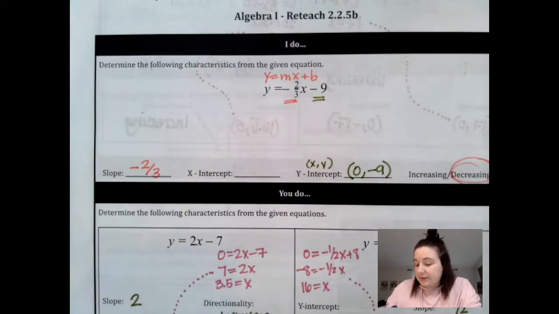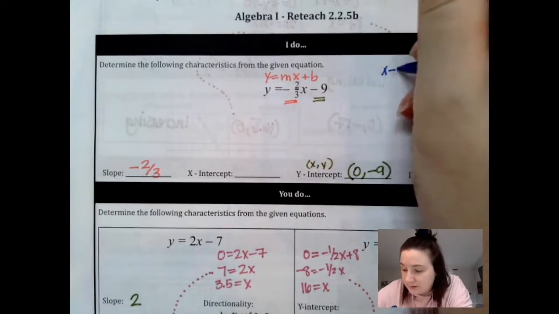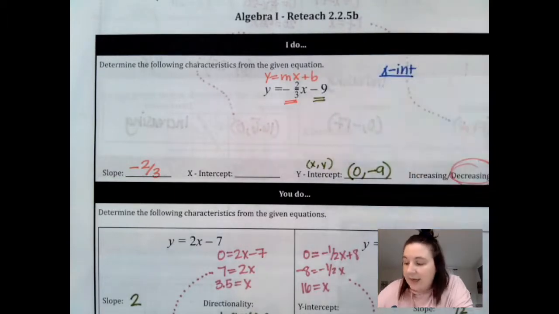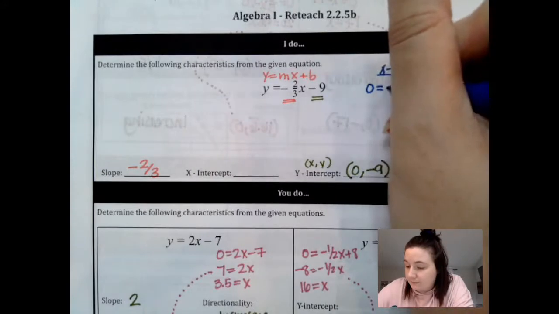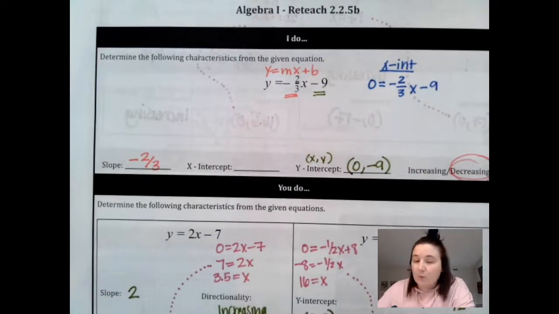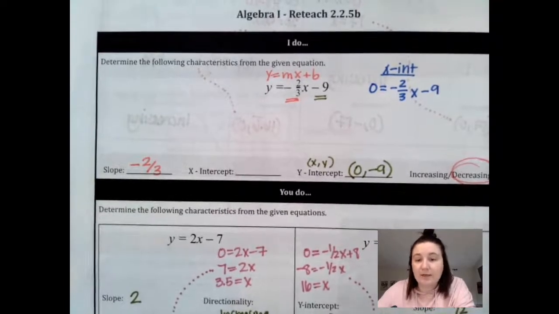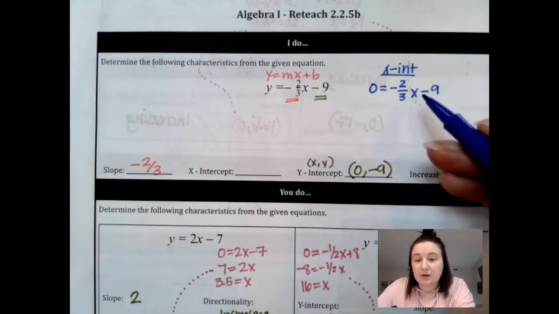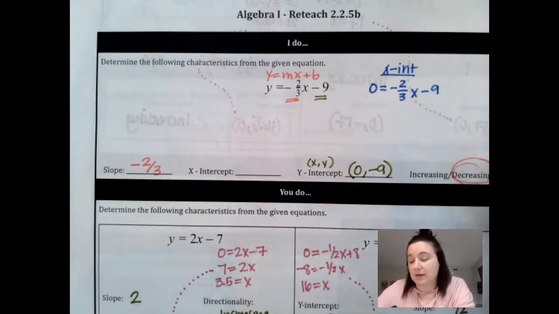My x-intercept I always say for last because it takes a little bit of calculation. And so for my x-intercept, I need to plug in 0 for y. When I plug in 0 for y, then I need to simplify and solve for x, so get x by itself.